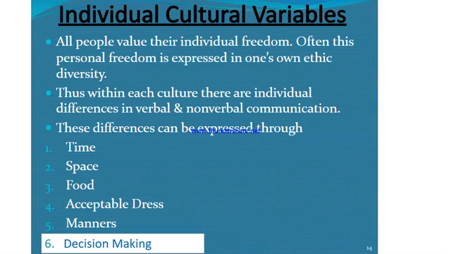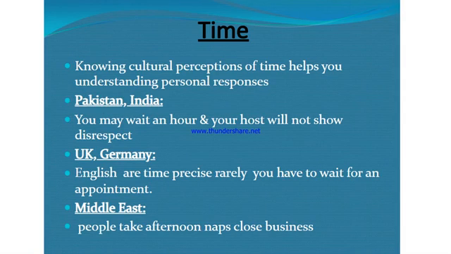Often, this freedom is expressed as the person's own ethnic diversity. The individual cultural variables are basically time, space, food, acceptable dress, manners, and decision making. We will discuss each separately, one by one.